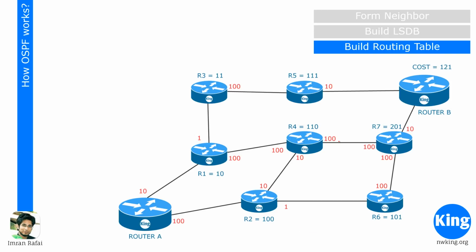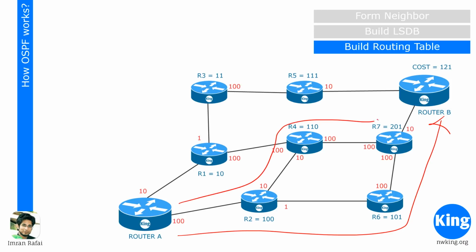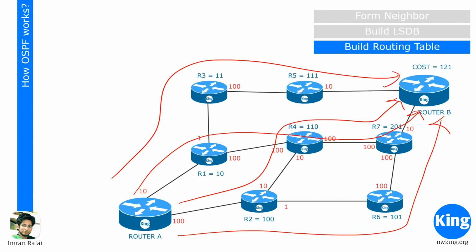Next, to reach router B, the total cost, you can go in more than two ways. You can go like that, like that, or like that. If I'm going like this, the cost is 121. If you're going this way, 10, 100, 210, and 220, so this will be 220.